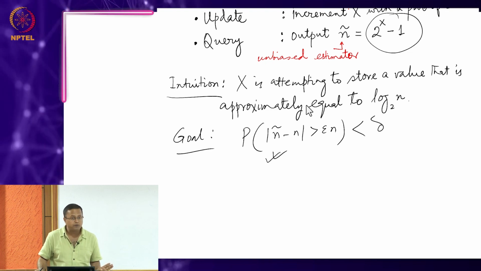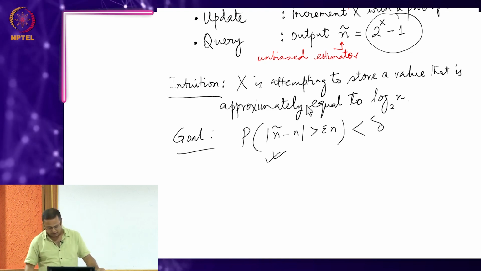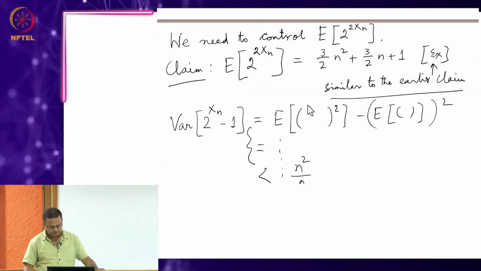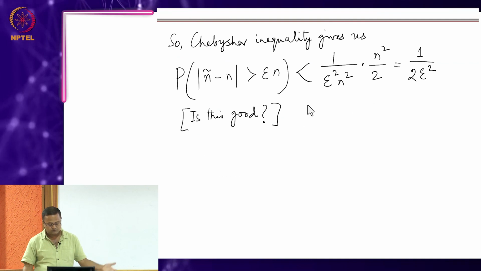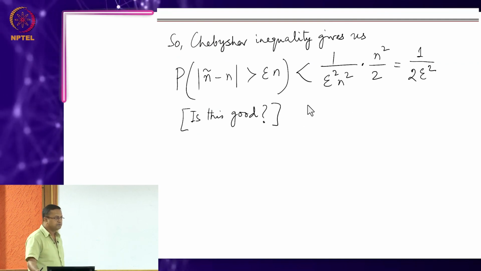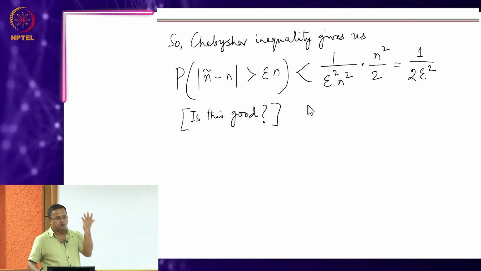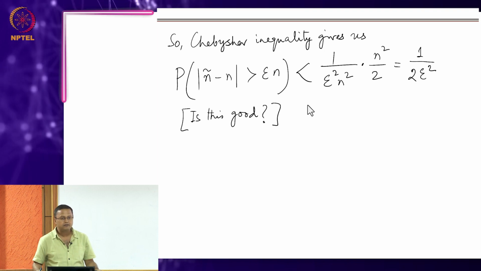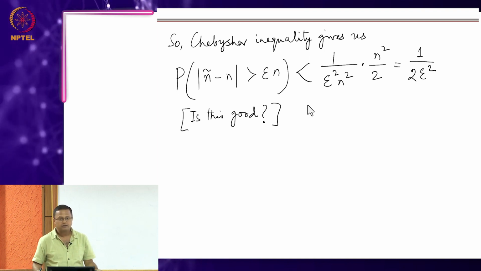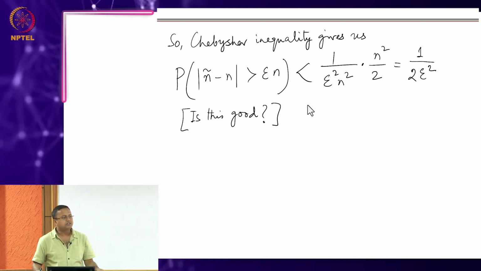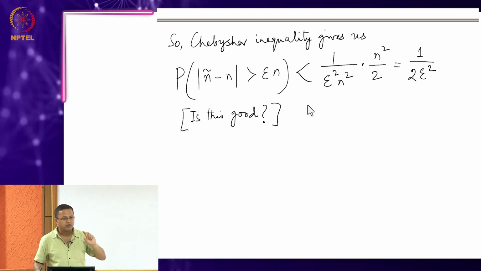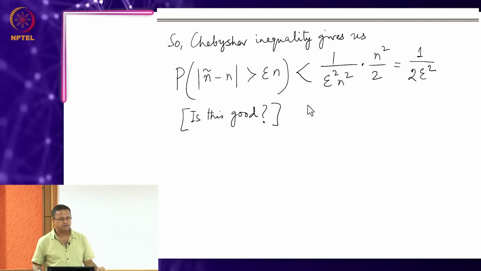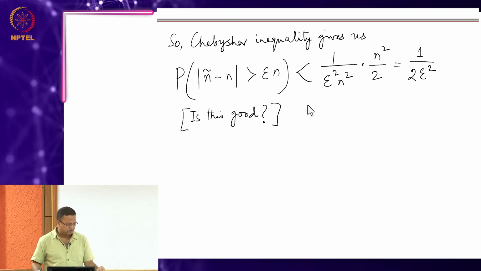But till now I have not been able to do it. The error probability that I could give you was 1 by 2 epsilon square, and this may be nowhere close to delta. The user could have given any delta, right. Now, by this trick of IIDs and Chernoff, I will bring that error probability down to delta, but at a cost of space, right. So, that we would see tomorrow.